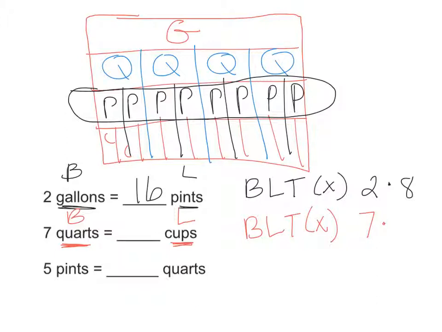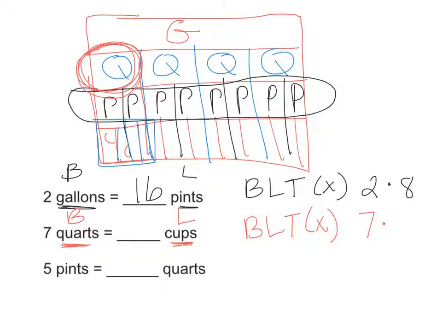So now I want to look at the relationship between 1 quart and figure out how many cups I need to make a quart. So if I look right here, I have 1 quart and I scroll down to cups. Inside of this 1 quart, there are 4 cups, 4 little pieces.